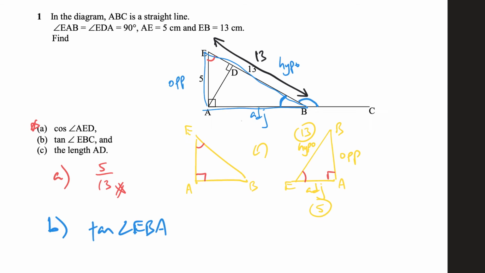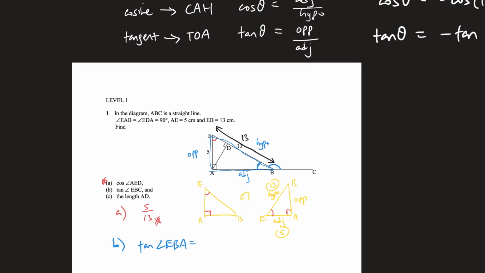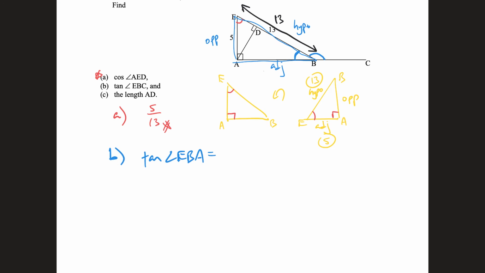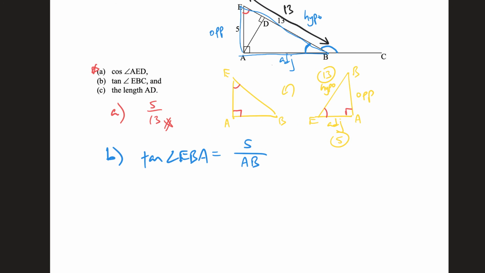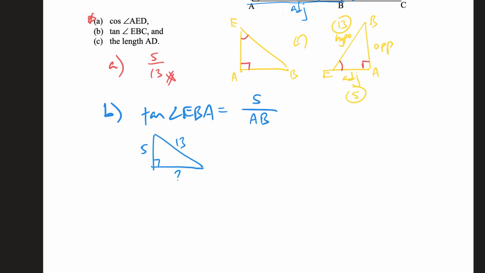So tangent of EBA is opposite over adjacent, and that would be 5 over AB. The problem is I don't know what AB is. Can I find it? Let me look at the triangle once again. I know this is 13, this is 5, and this is 90 degrees. I can find this using Pythagoras theorem.